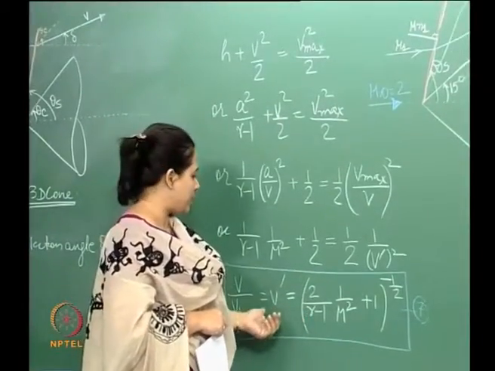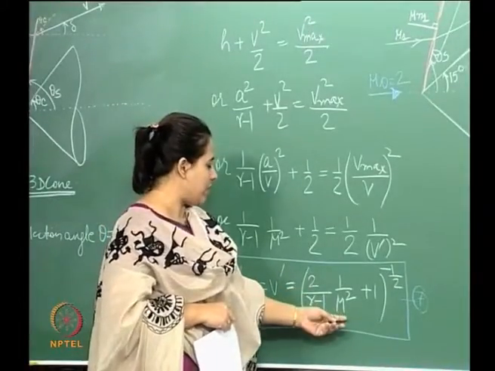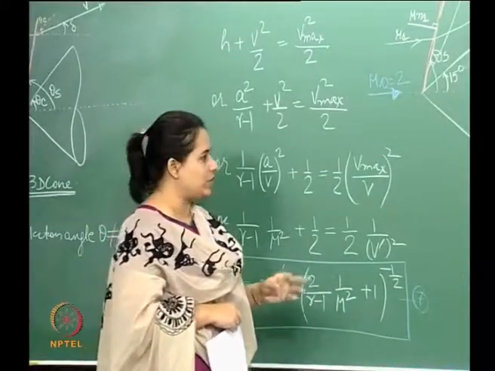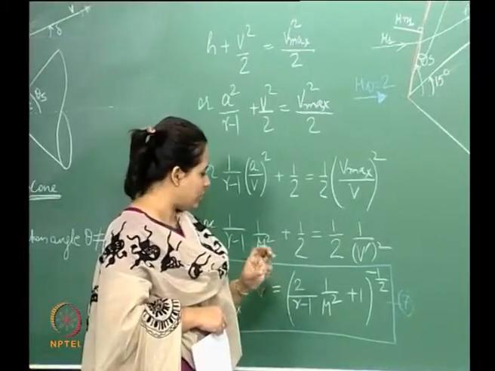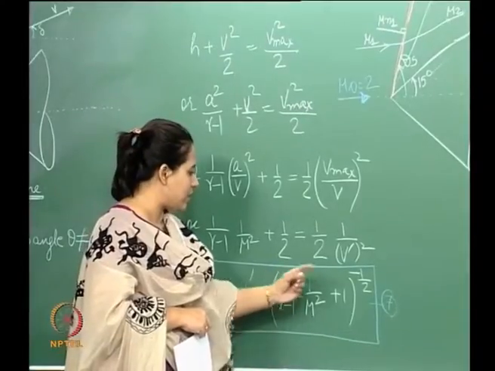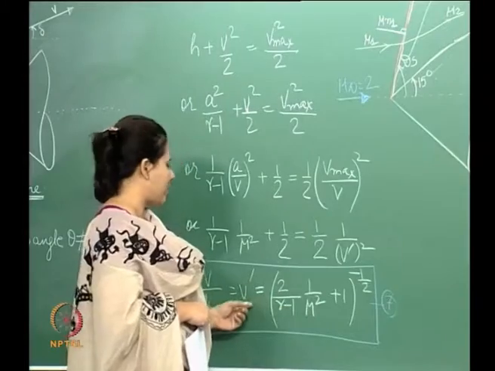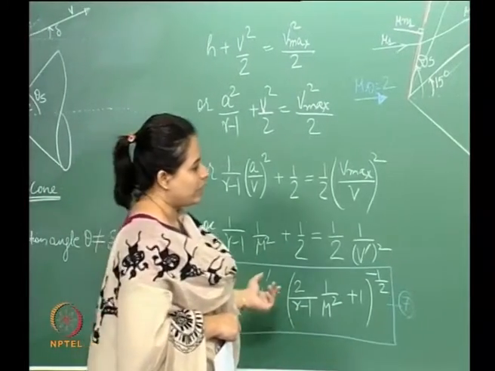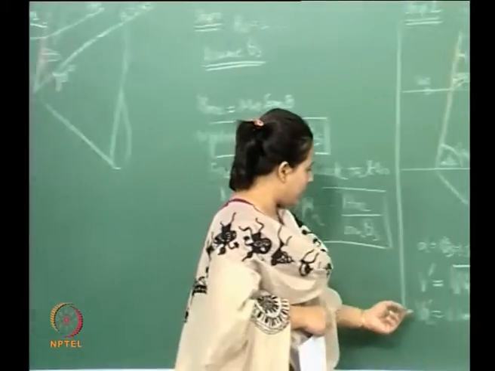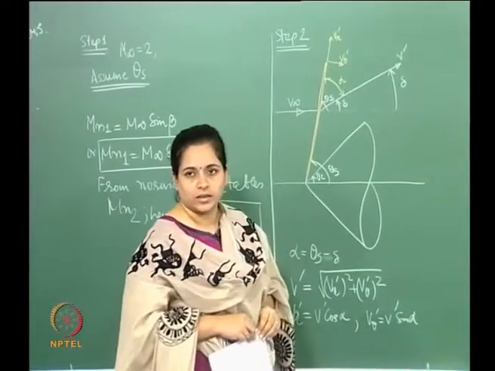If I use equation 7 and input M2 here, I will get the corresponding V dash. If I get V dash, then of course I can calculate V r dash and V theta dash.